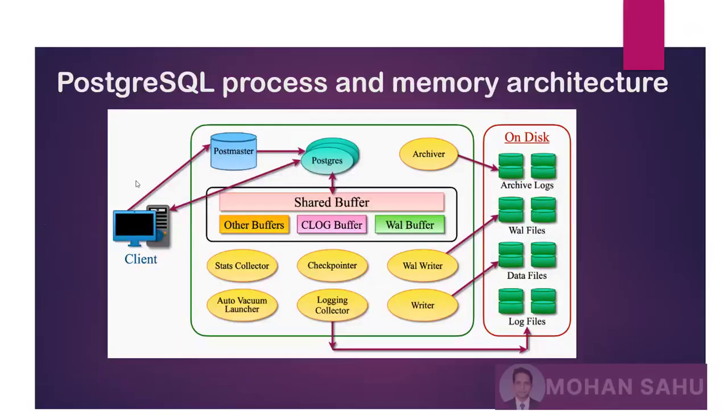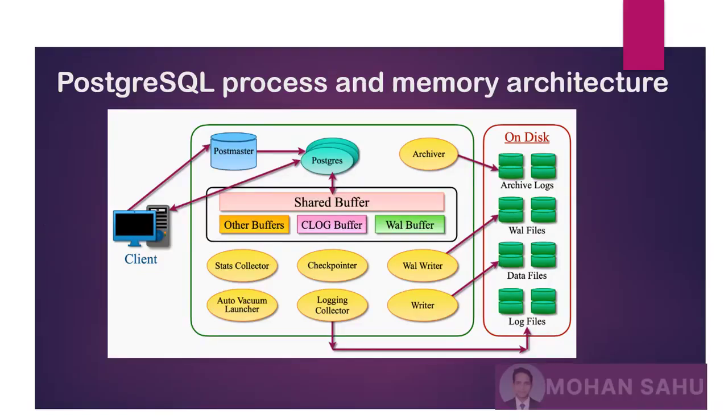So yesterday we have already covered most of the parts, just to reiterate whatever we have covered. We have covered Postmaster. It's the first process which will be encountered. A user will connect to the Postmaster, and after authentication and authorization, it will create the Postgres process, and the Postgres process will be connected to the shared buffer.